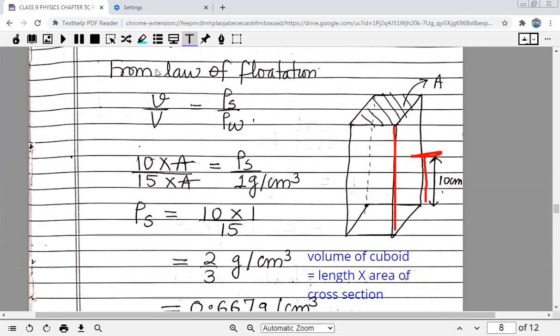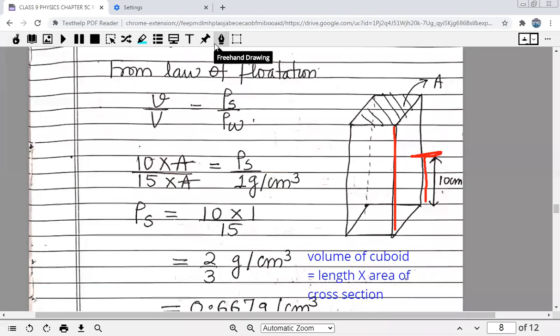So see here, you use this formula. Small v upon capital V equals rho S upon rho W, when it is floating in water. In water, it is floating with 10 centimeter immersion. So small v, 10 into A upon 15 into A equals rho S upon rho W. Rho W is what?